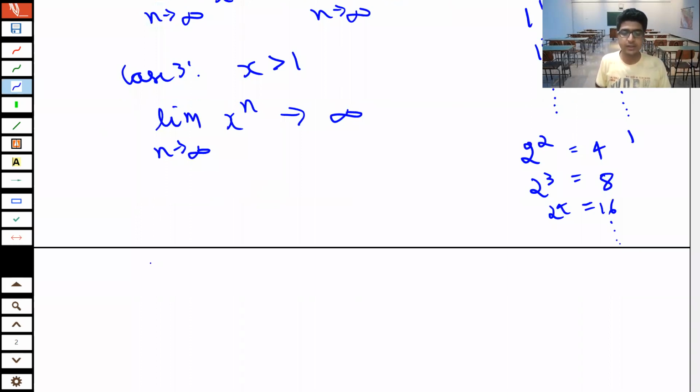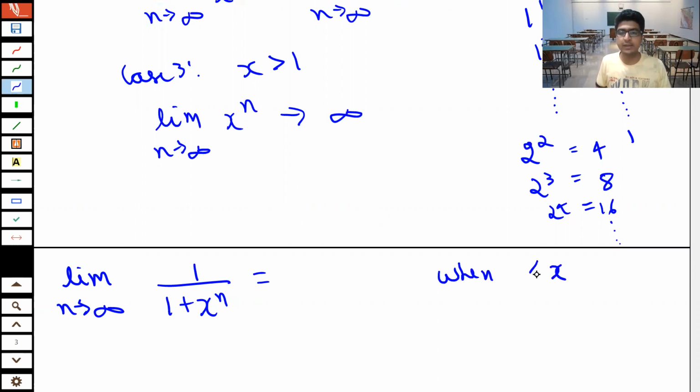So now let's see this. The limit as n tends to infinity of 1 upon 1 plus x to the power n will be equal to what? Let's take all the cases. When x is between 0 and 1, we know that x to the power n goes to 0, and if this goes to 0, this whole function goes to 1.